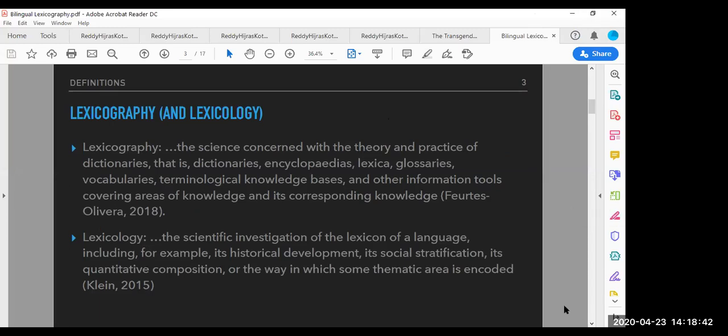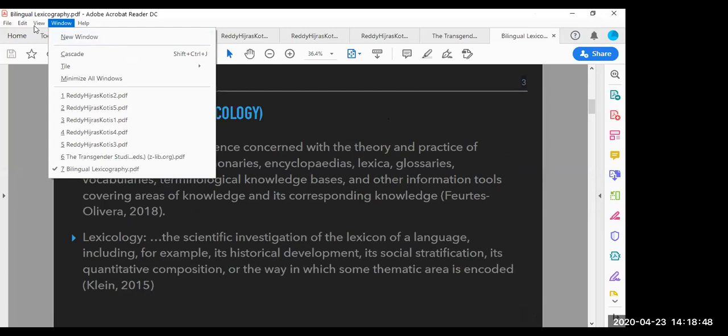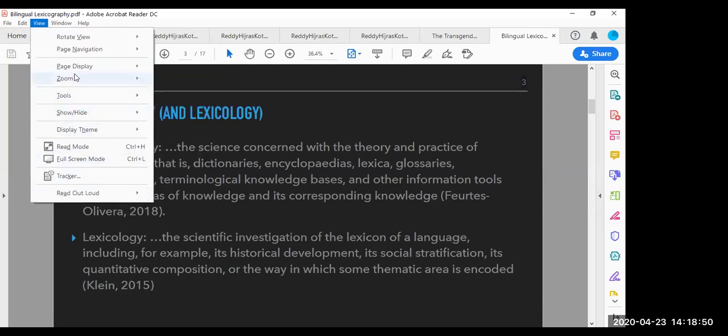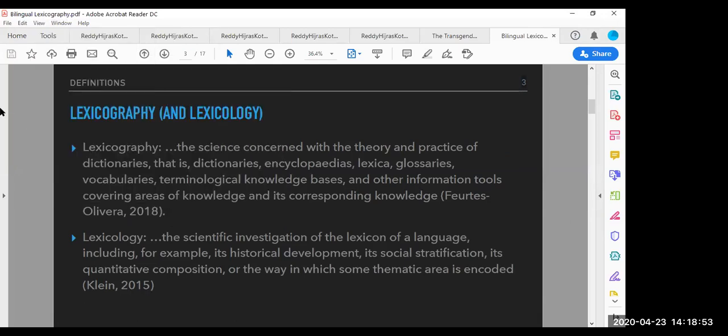So one part of my talk title was lexicography. Lexicography is the science of both the theory and the practice of dictionaries. So it's not purely theoretical or purely practical. And it doesn't involve only dictionaries, it also involves other knowledge systems that can feed into dictionaries. There's a whole list here in this definition that I've taken from an author.